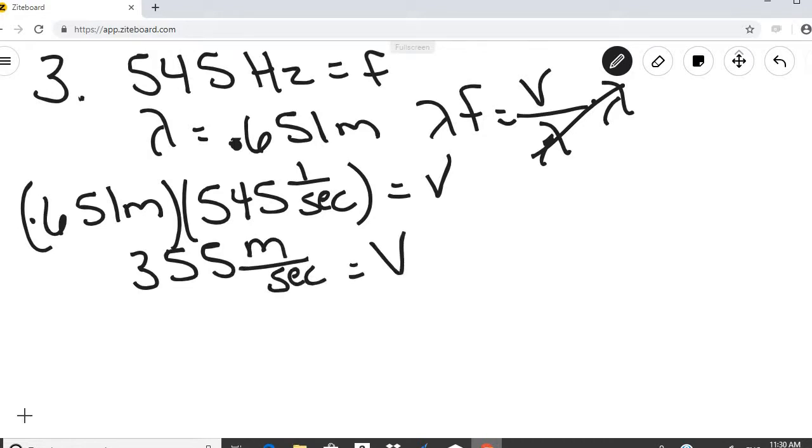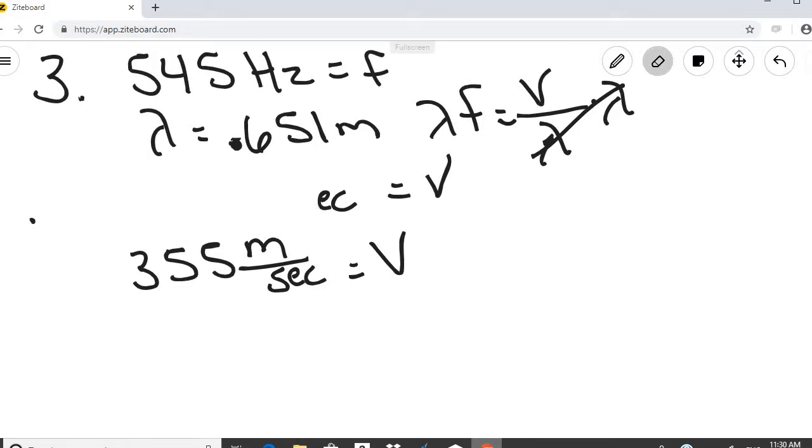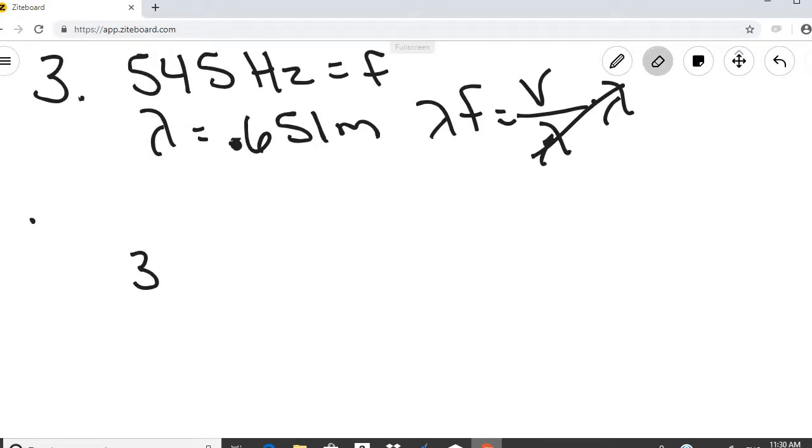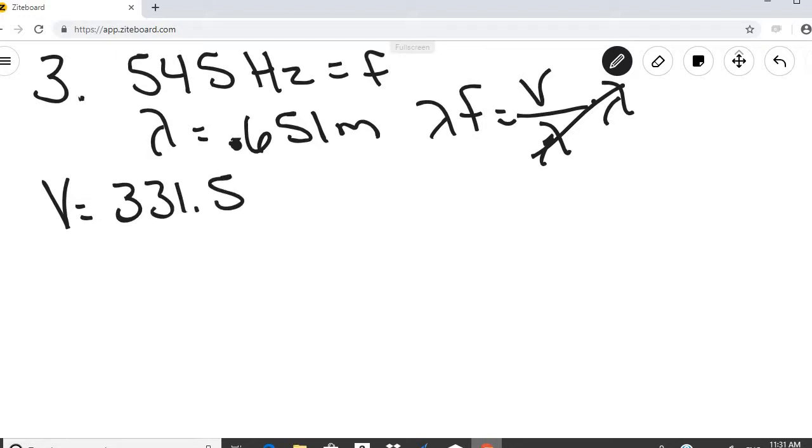Okay, then we can now look at our equation for velocity of sound. So we know that velocity is equal to 331.5 plus 0.606 times t.